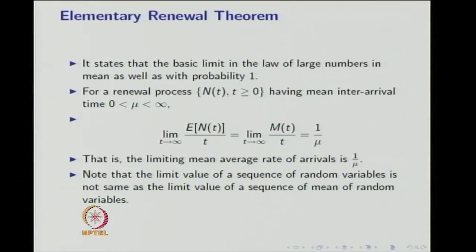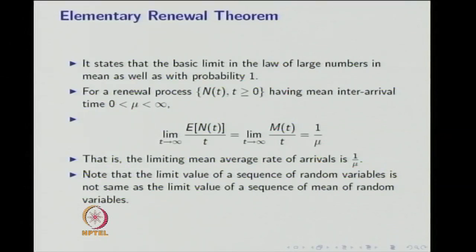Note that the limit value of a sequence of random variables is not the same as the limit value of a sequence of means of random variables. This is true in general also, but here we discuss it particularly for the renewal process.